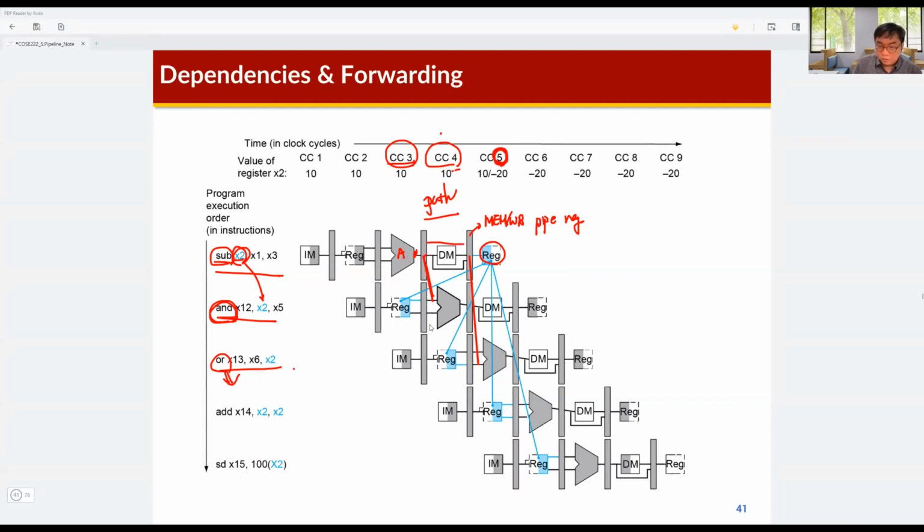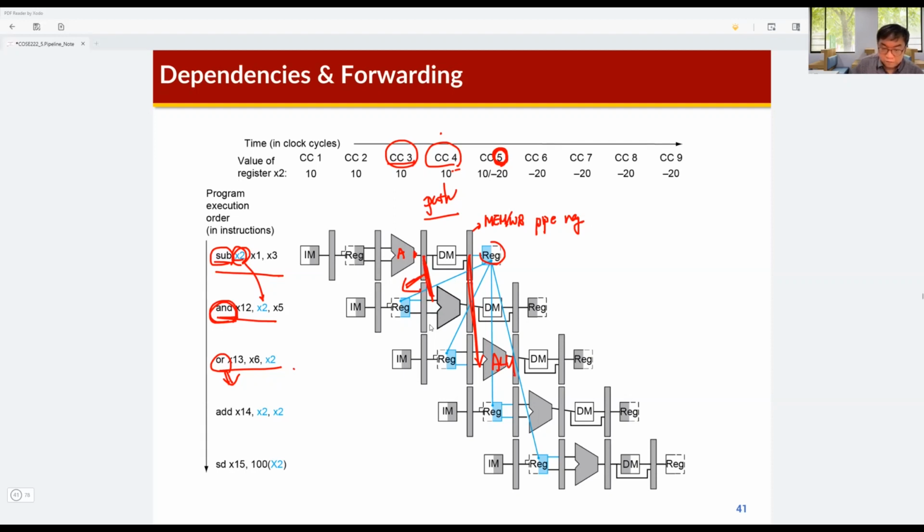But we already know that the result is generated at this time, so that means the result is propagated to the write back stage. So we can find that the result already exists in the pipeline processor, and this result can be forwarded to this ALU. This data forwarding can also be implemented using a data forwarding path, but this path is different from that data forwarding path. Why?